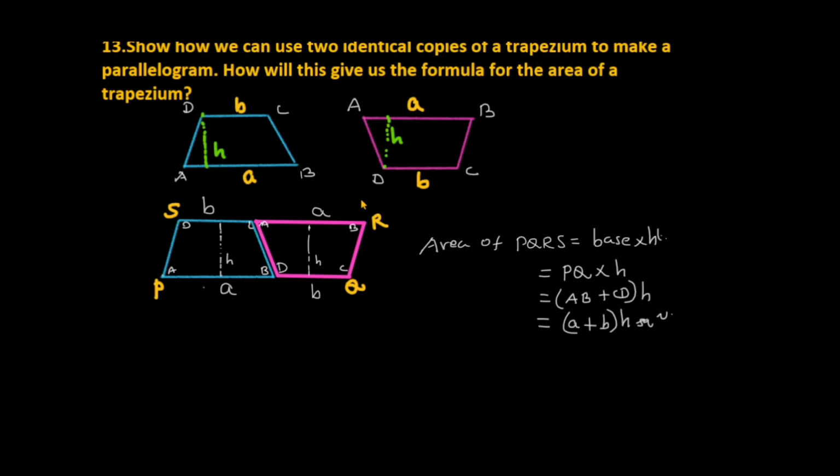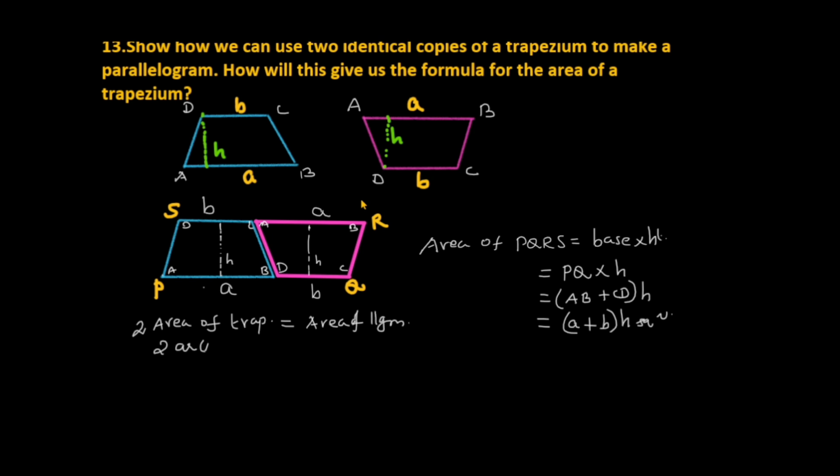Now look at the diagram. How did we get the area of the parallelogram? We joined two trapeziums and got the parallelogram. So twice the area of the trapezium, identical trapeziums. So twice area of ABCD is equal to area of parallelogram PQRS.